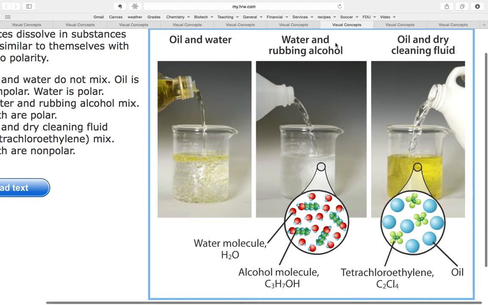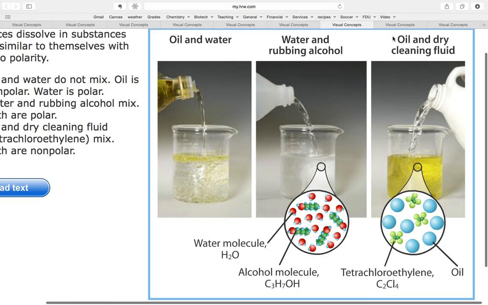Now you compare that with water and rubbing alcohol, or water and ethanol. Those do mix because they're similar enough that the water, which is polar, can interact with the alcohol, which is also polar.